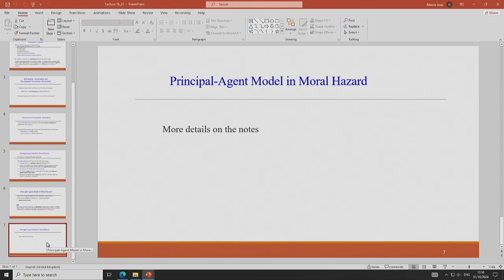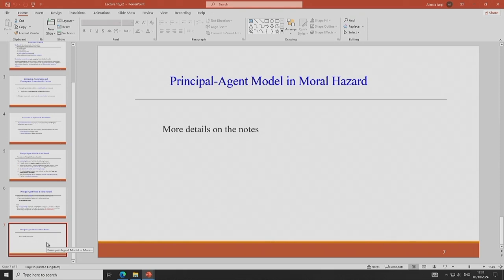The only way in which the principal can do that, the only toolkit, the only element he has, is these two values, the reward schedule. T upper bar and T lower bar. This is the control variable, choice variable, whatever you want to call them, of the principal.